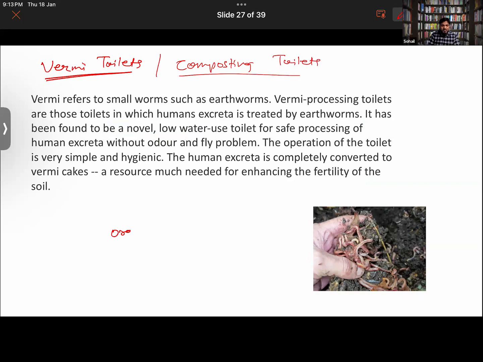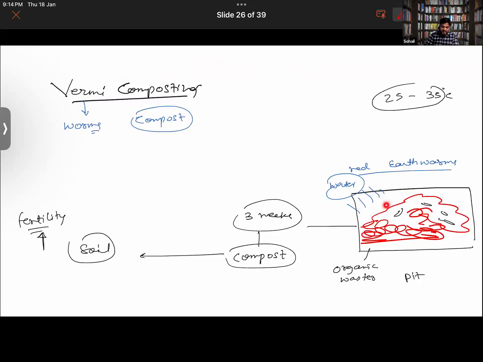So in wormy toilets or composting toilets, what happens? It's a type of dry toilet. In these toilets, human waste is treated by a biological process, right? So here, the same thing is happening as the red earthworms were decomposing the organic matter.